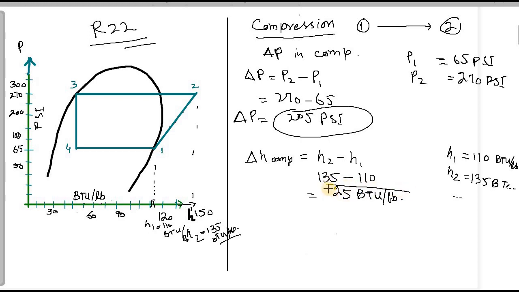This is the total heat which is added in the refrigerant during this compression process, and this heat will be our delta H, the change in enthalpy during this compression. Clear? Now I will erase this.